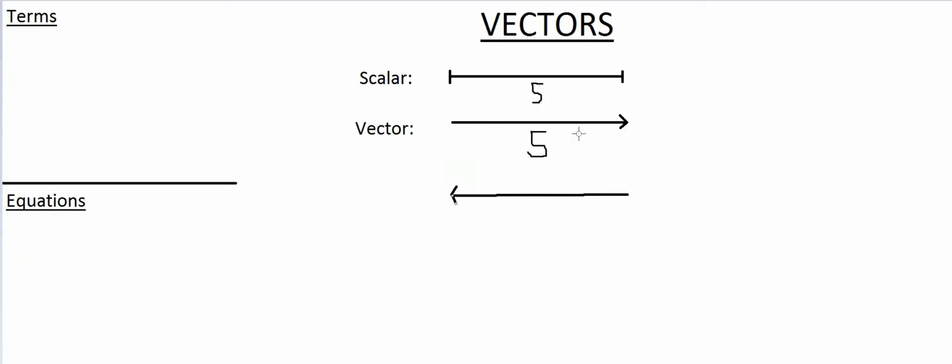So if this vector is 5, this vector would be negative 5. Here we define this direction to be the positive direction.